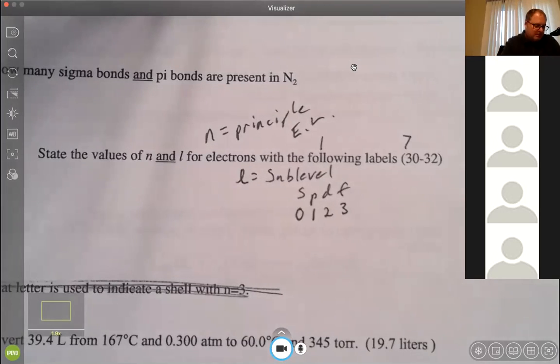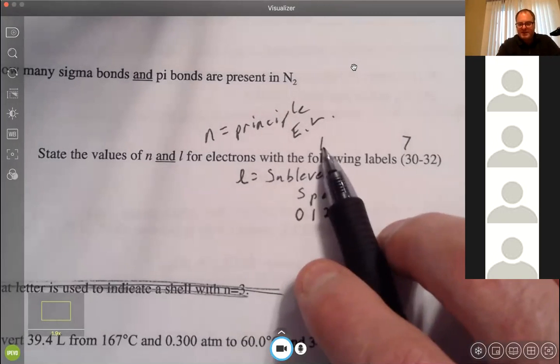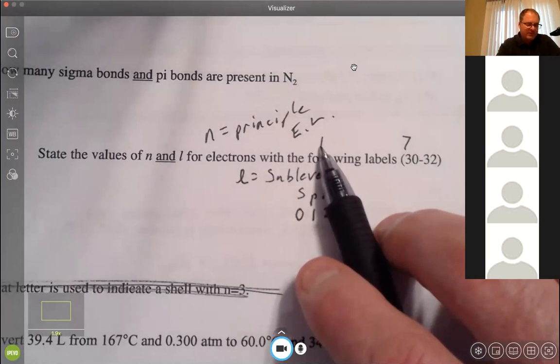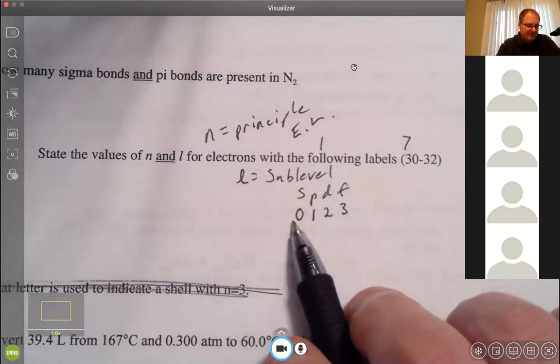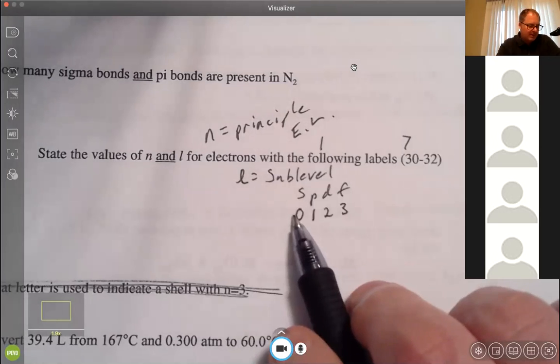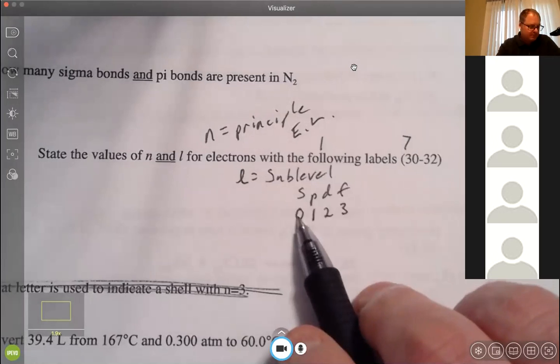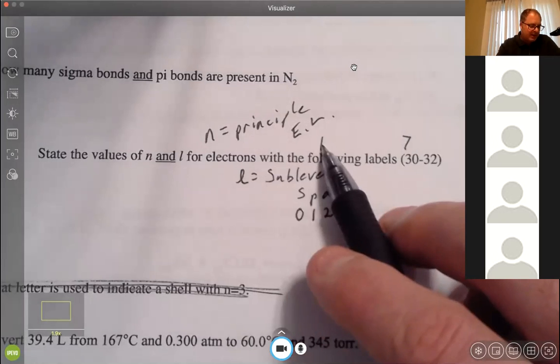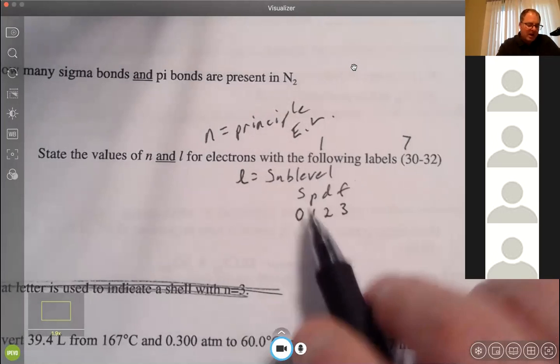So if we take a look, you remember that N is equal to the number of sublevels. So the first principal energy level has one sublevel, S. So that would be 1, 0, the 1s sublevel. N equaling 1 and L equaling 1 would not work.